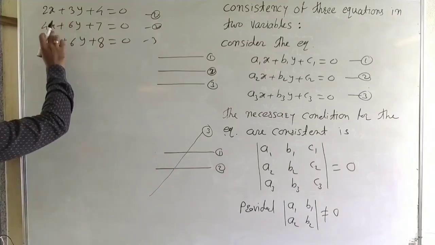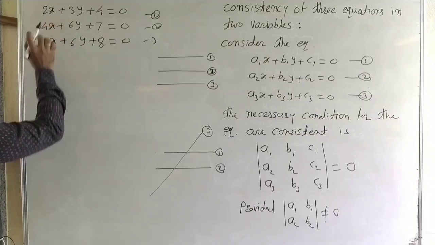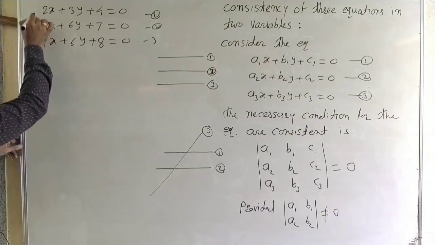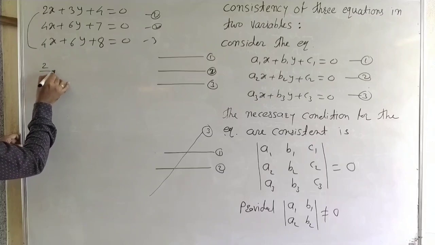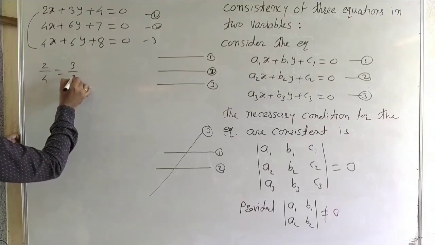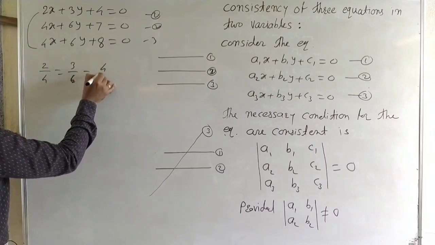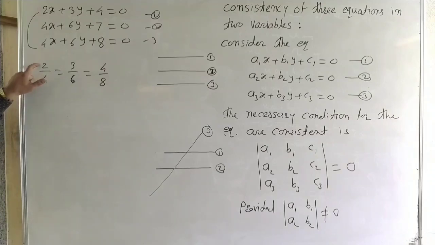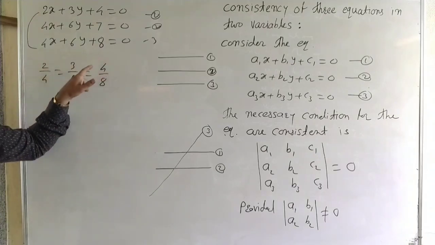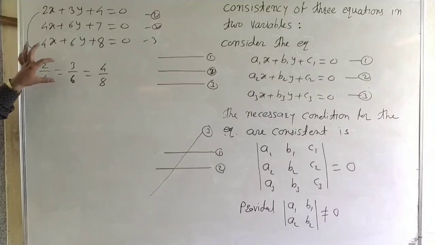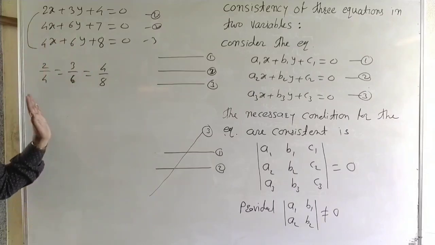Here the first and third lines: check 2 by 4, 3 by 6 and 4 by 8. It is 1 by 2, 1 by 2 and 1 by 2.